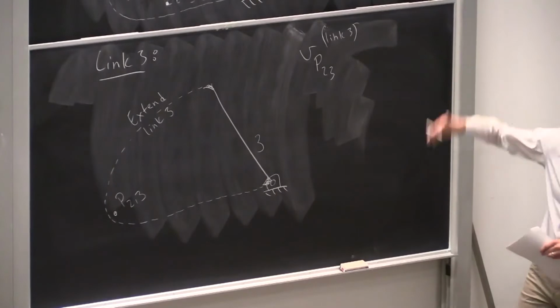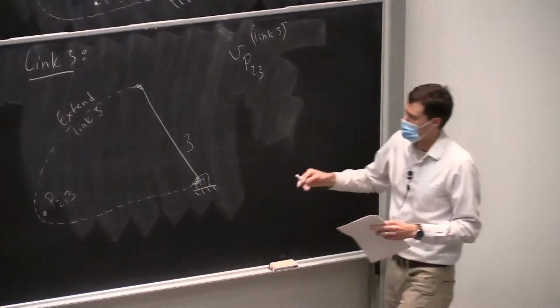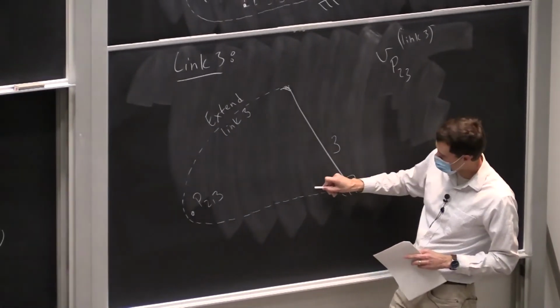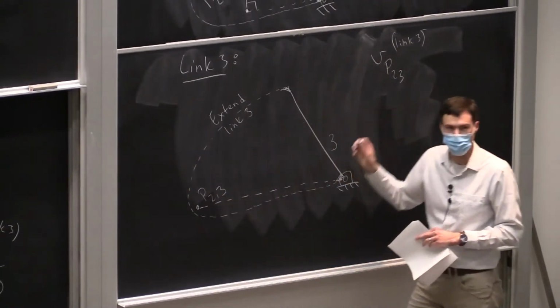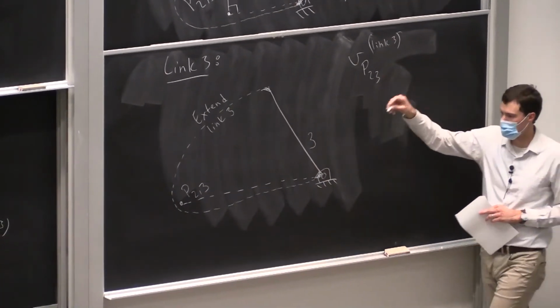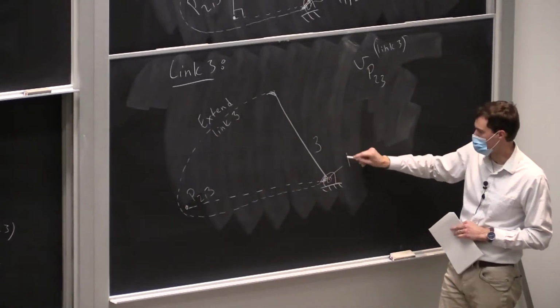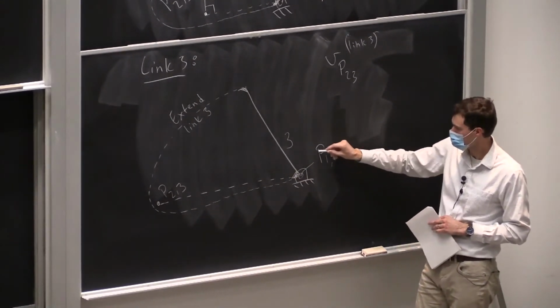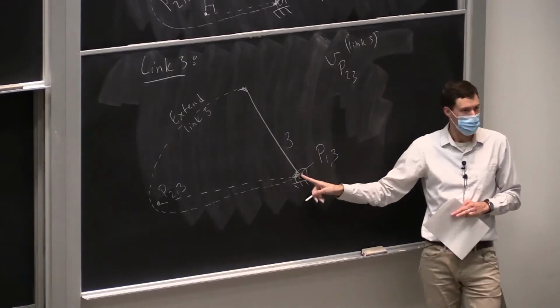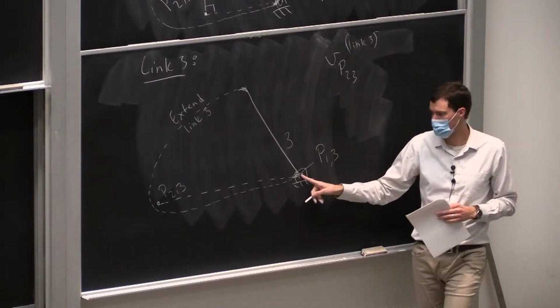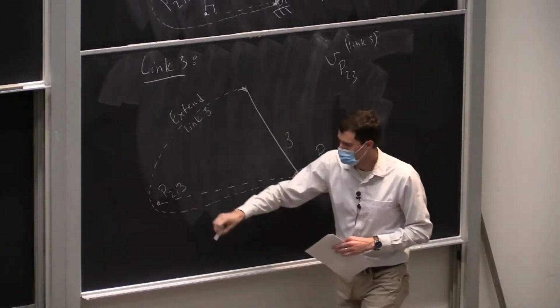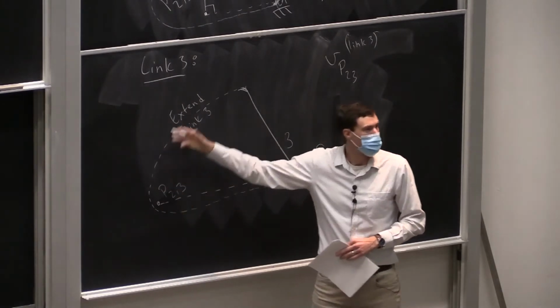It's basically the same drawing as above. Let's connect this base point. The velocity of P23 is going to be perpendicular to this line, and that line connects P13, the point about which link 3 rotates, and our point of interest. So we know the velocity needs to be perpendicular to that.